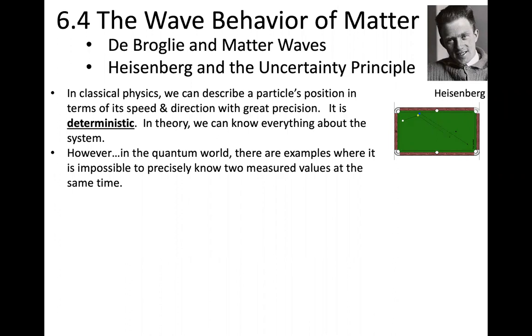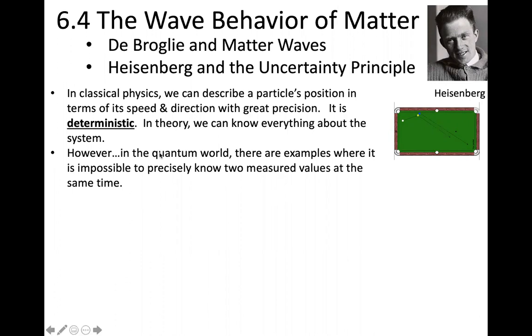If you struck a ball and could measure the initial velocity, the angle with which it was struck, the friction of the table, the air resistance, what happened when it struck the wall, what happened when it struck another ball, at least in theory you could put all of that into a supercomputer, and after one shot, it would tell you, boom, where every single ball is going to end up. That's what it means to say it is deterministic. At least in theory, we can know absolutely everything about the system.